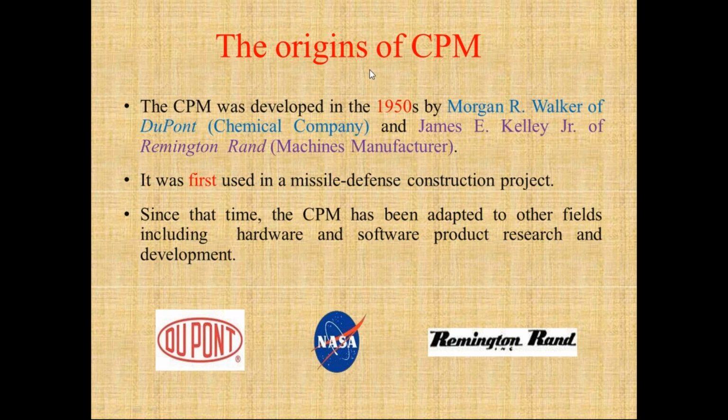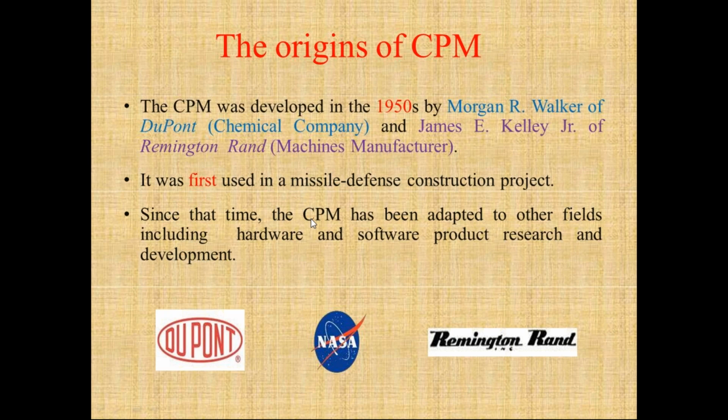So the origins of CPM we will be seeing. The critical path method was developed in the 1950s by Morgan Walker of DuPont Chemical Company and James Kelley Jr. of Remington, which was a machines manufacturer. It was first used in a missile defense construction project.